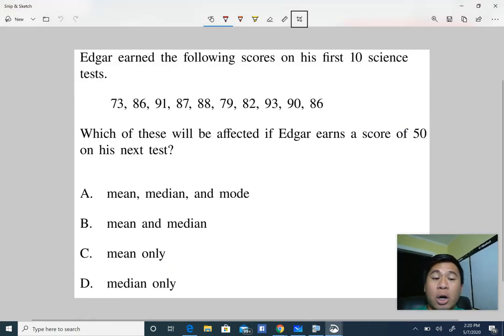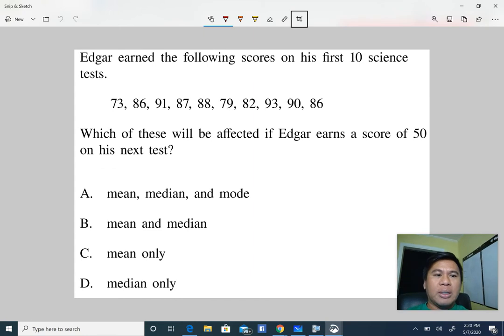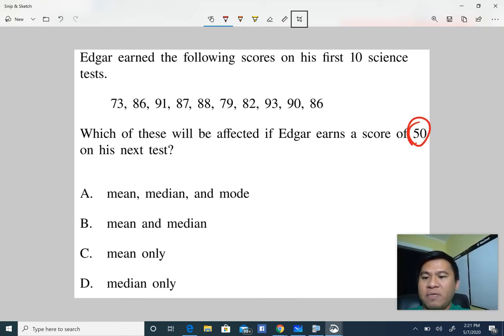Let us consider our third example in here. It says that Edgar earned the following scores on his first 10 science tests: 73, 86, 91, 87, 88, 79, 82, 93, 90, and 86. It says here, which of these will be affected if Edgar earns a score of 50 on his next test? So as we may see, this 50 in here is in fact an extremely low score.